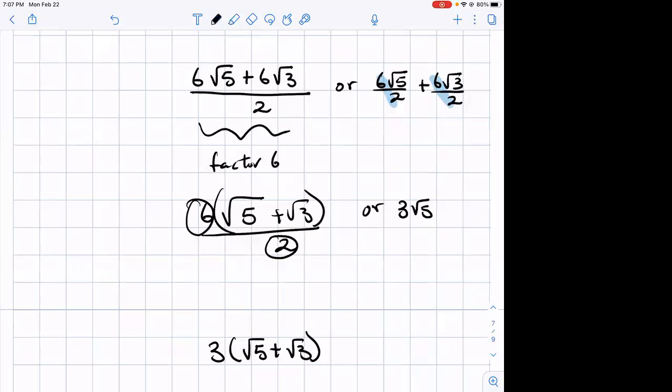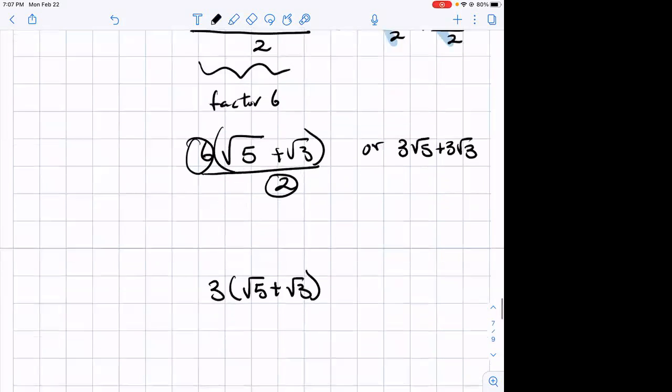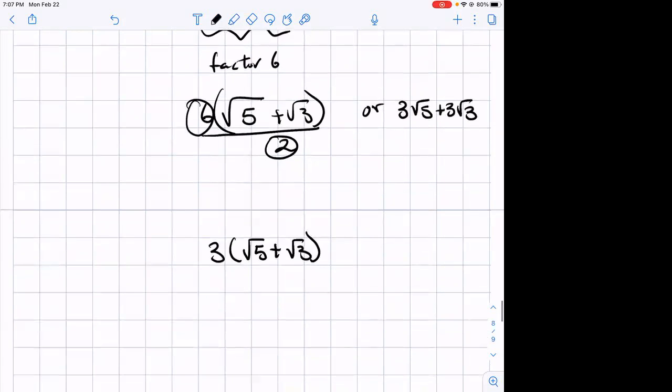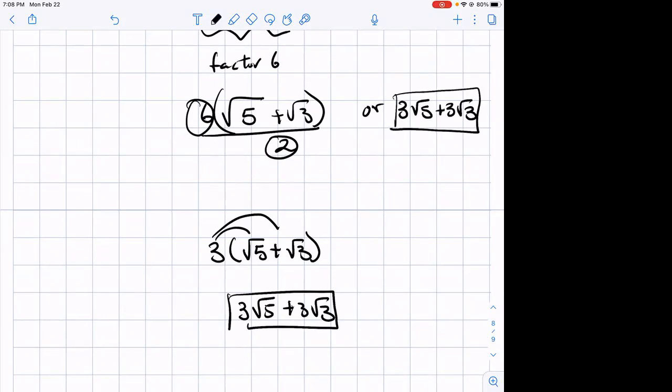So you get plus 3 root 3. And if you distribute it or you factor out the 3, you get the same answer, okay? Because if you multiply here, this is the same as 3 root 5 plus 3 root 3. So you get the same answer regardless which way you write it. They are the same answers. So it's just a matter of choice, whichever way you choose to do this.